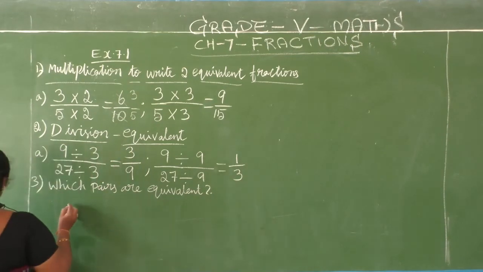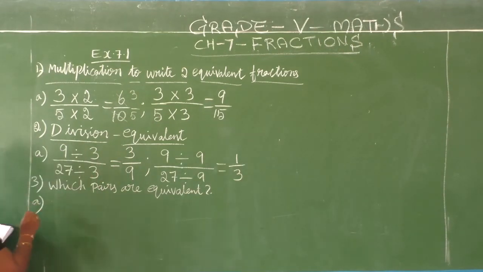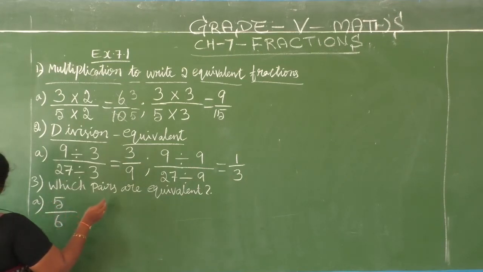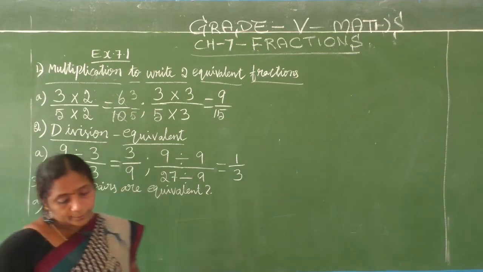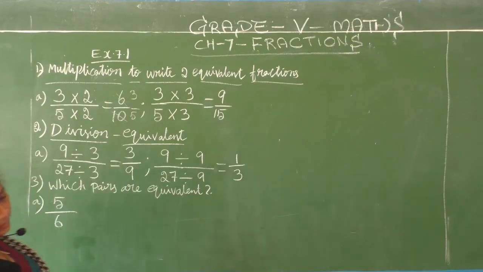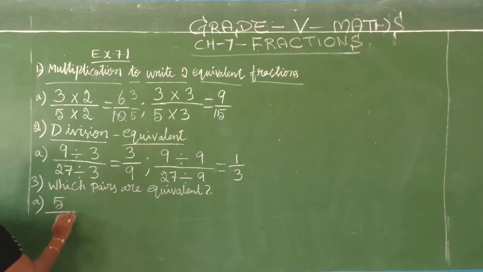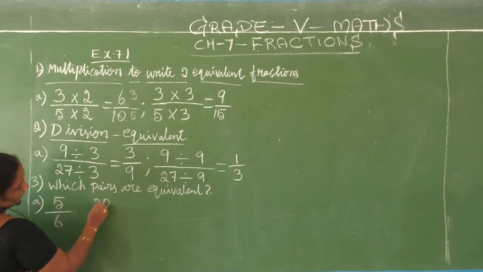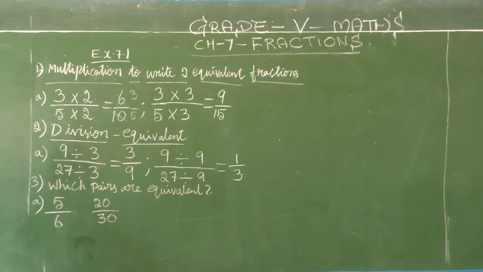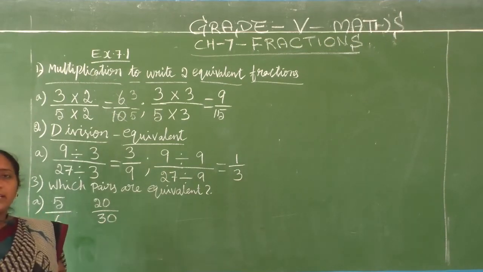See the first one. We have 5 by 6 and the pair they gave, 20 by 30. Okay, how can we find out whether both fractions are equivalent or not?